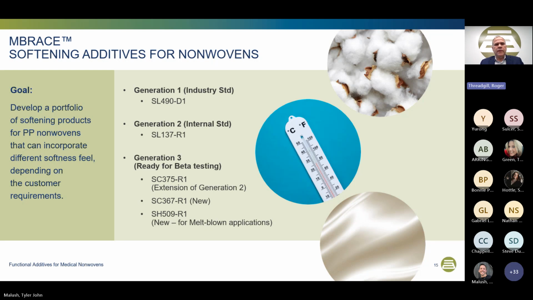So where are we looking for things like slickness or cotton-like feel? Or are we looking at really drapeability or crush, right? The ease with which our textile would be deformed and then retain its properties.